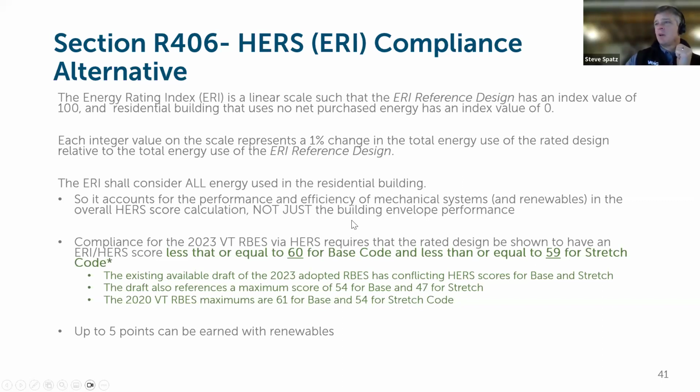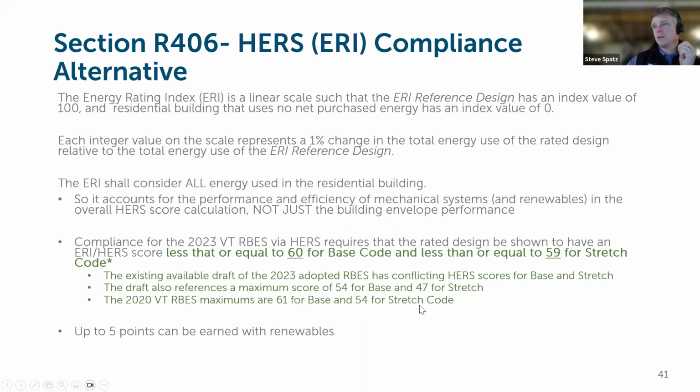So as a basis to work off of for the time being, let's call it 60 for base and 59 for stretch code. For comparison, what's in the 2020 RBES right now for maximum HERS score is 61 for base and 54 for stretch code.